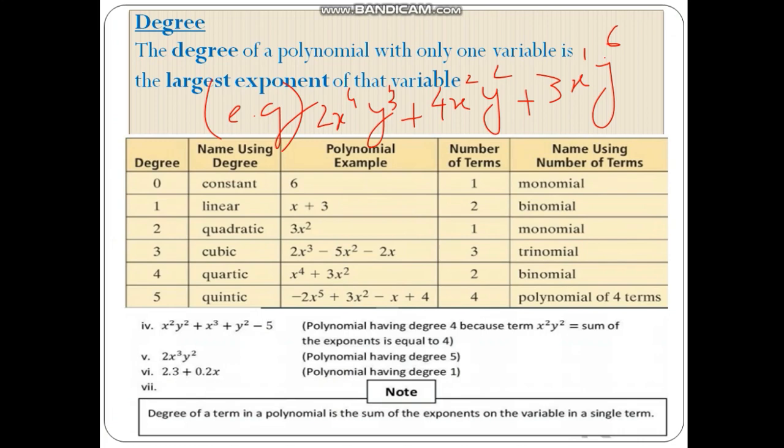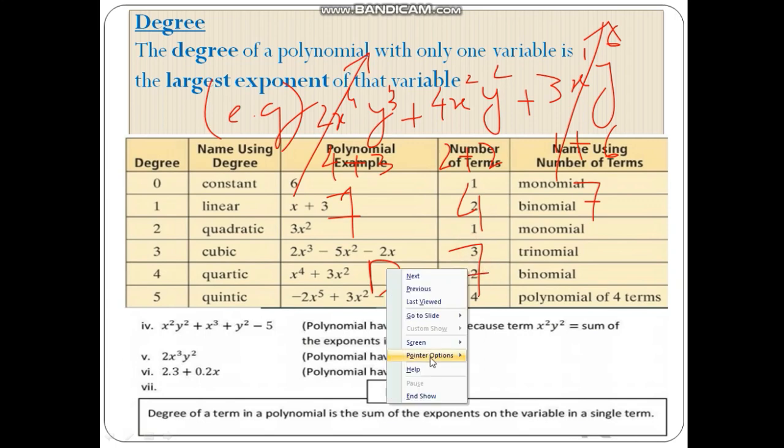Here 4 plus 3, here 2 plus 2, here 1 plus 6: 4 plus 3 is 7, 2 plus 2 is 4, and 6 plus 1 is 7. Two terms have the same exponent, so the degree of the polynomial will be 7. I hope you got the concept.